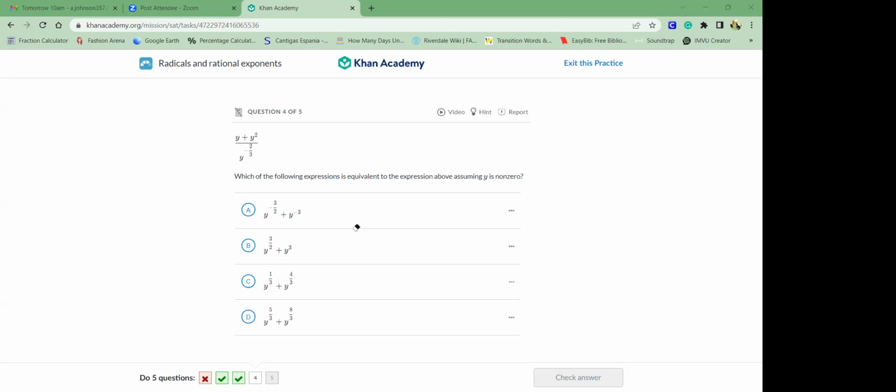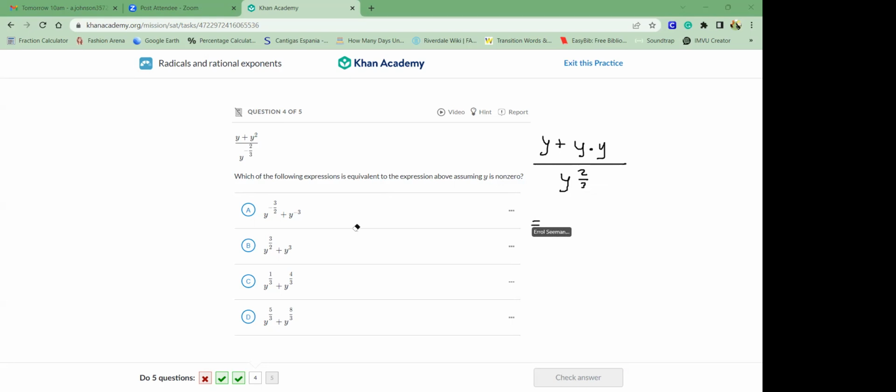So, the y squared, we're going to rewrite as y times y, right? This part is y squared. So we're just going to rewrite it like that. Then we're going to leave the bottom, y to the 2/3. Now we're just going to factor out a y in the numerator.